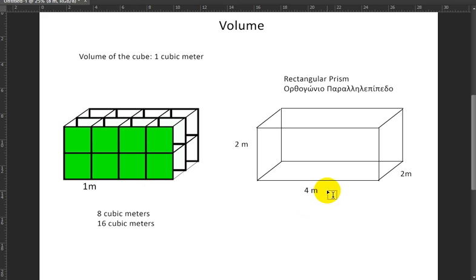I should have written 4. So again, its dimensions are exactly the same as this shape because this has 4 meters across, so its length is 4, and this has 1, 2, 3, 4. Its width is 2, so it has 1, 2, and its height is also 2, so 1, 2.